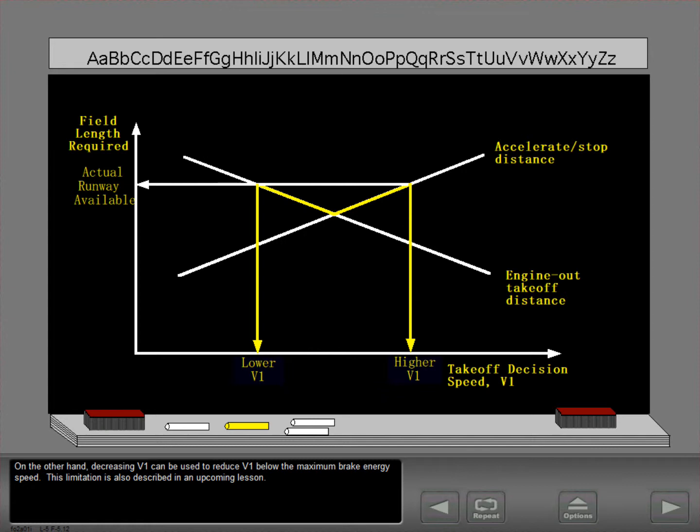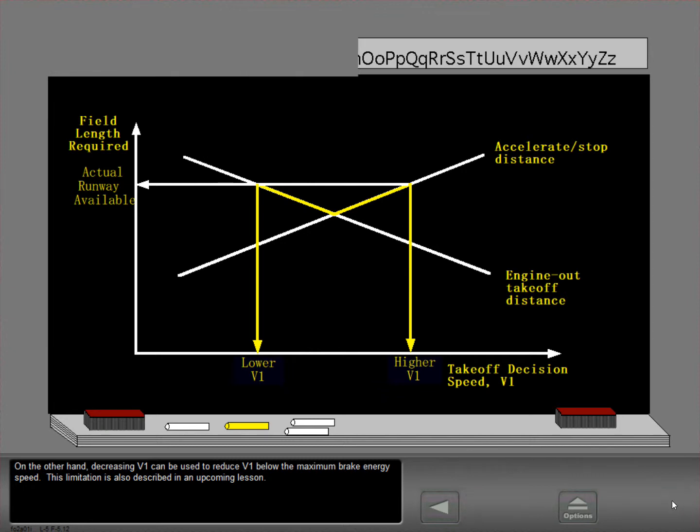This limitation is also described in an upcoming lesson. Even with a range of V1 available, there is an absolute upper and lower bound on the takeoff decision speed, V1. The upper bound on V1 is the rotation speed, because no takeoff may be rejected after rotation.